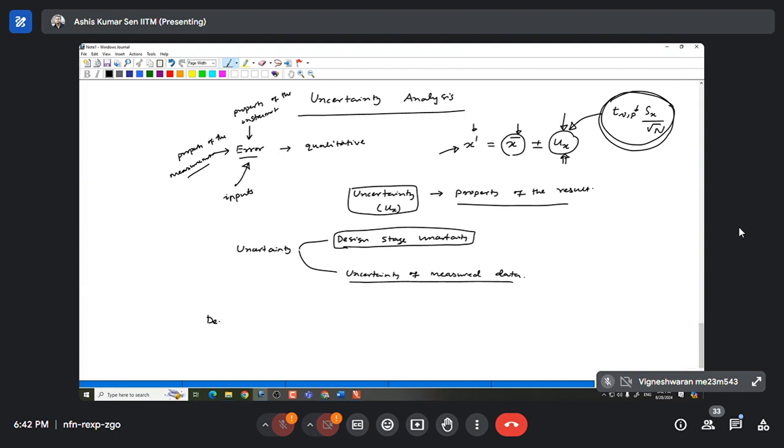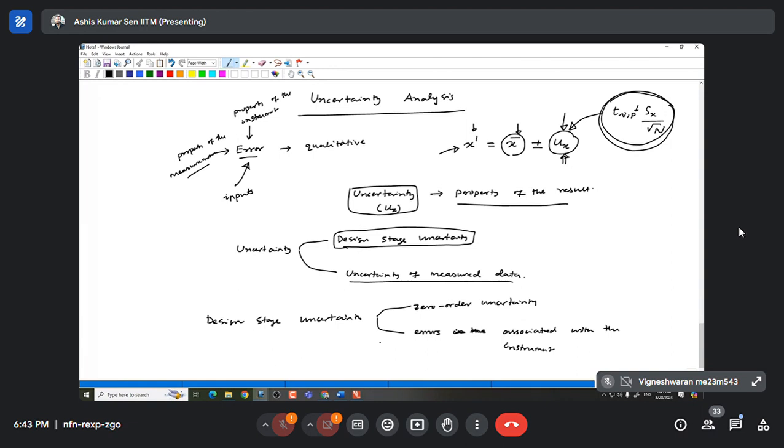So the design stage uncertainty have the zero order uncertainty that talks about the resolution of the instrument, and then errors associated with the instrument. So both can affect the design stage uncertainty.